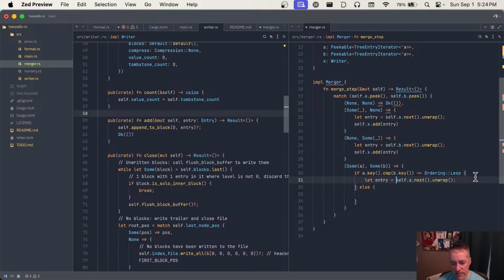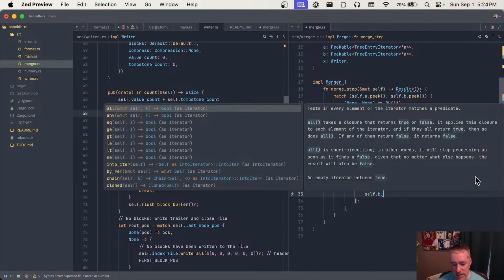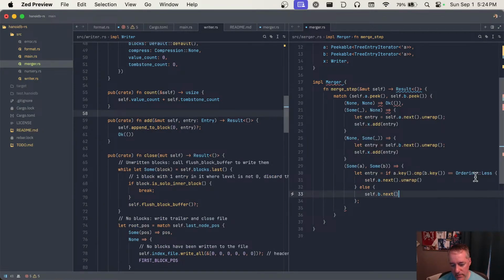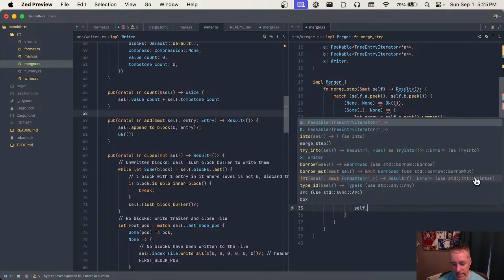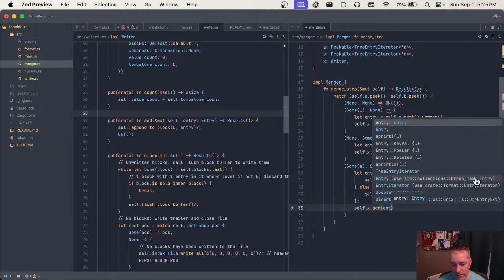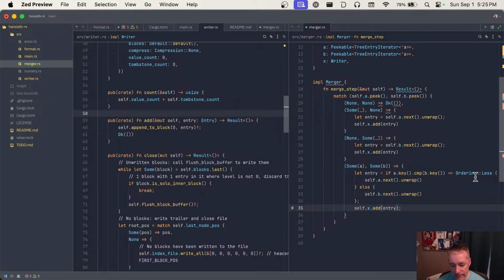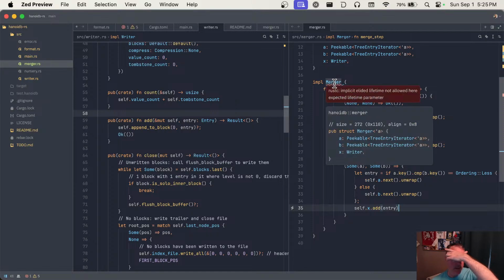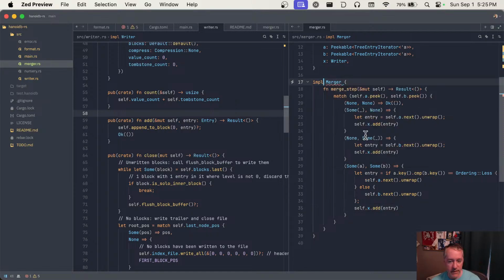Thin arrow, that's what I did wrong. Okay. So we can actually do let entry is this, right? And then self.b.next.unwrap. Okay, that was complicated.